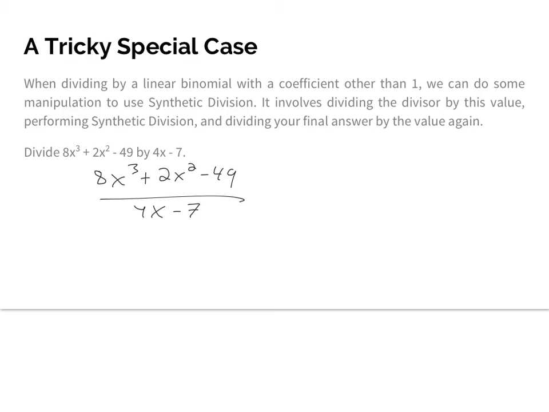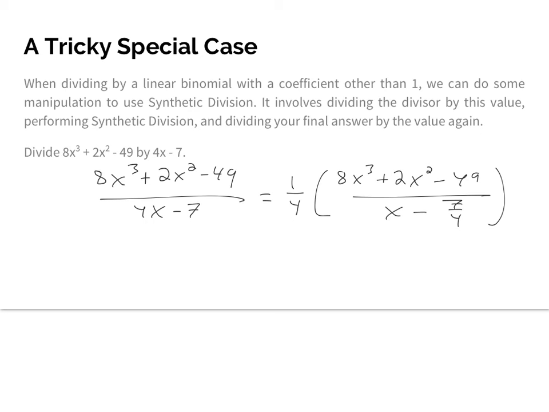Well, what I'm going to do is take out a 1/4. And what that does is it keeps my numerator the same: 8x cubed plus 2x squared minus 49 over... Now when I take out the 4 from my denominator, that leaves me with x minus, it's not going to work out nicely, but I just write it as 7/4.